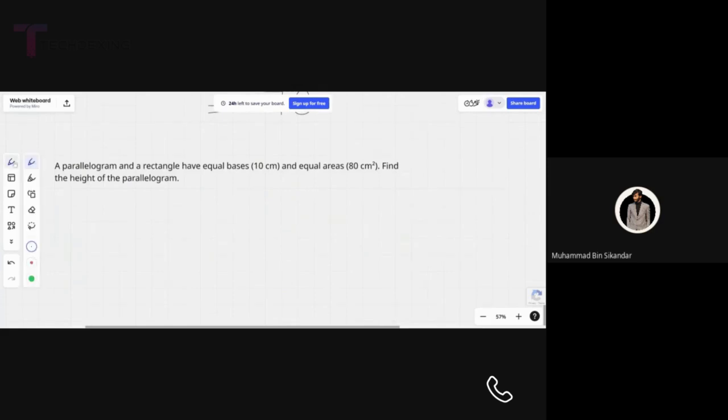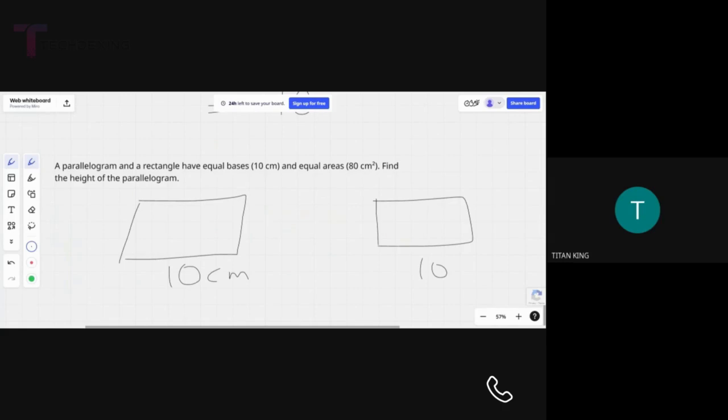When I am unsure about anything, I will simply draw it. This is what my parallelogram looks like, and it is just a rectangle, but it is tilted. The base is 10, and this is my rectangle. Its base is also 10. They both have equal areas.